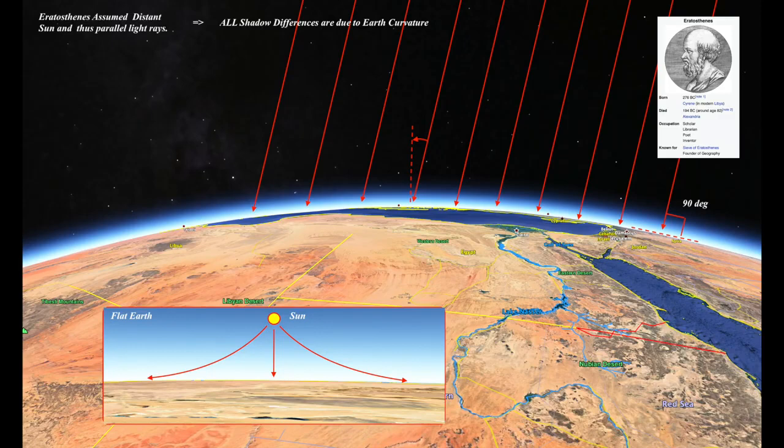So here's a better graphic I drew. Up top, Eratosthenes assumed a distant sun and thus parallel light rays for all practical purposes, which implies all shadow differences are due to Earth's curvature. That is bad. That's a crazy extreme on one end. In many ways, the flat Earth and the curved Earth of the known radius are extremes.